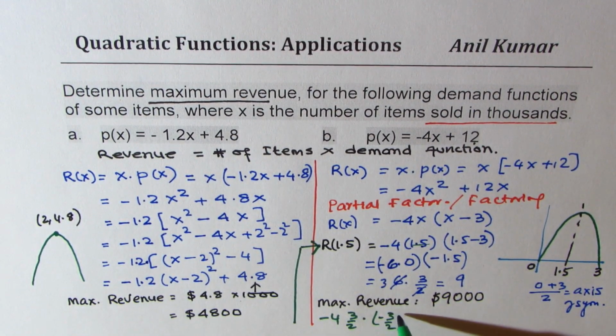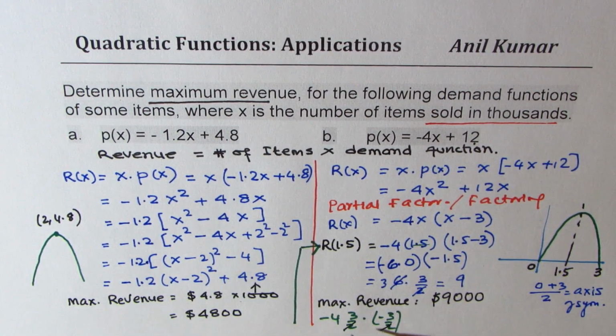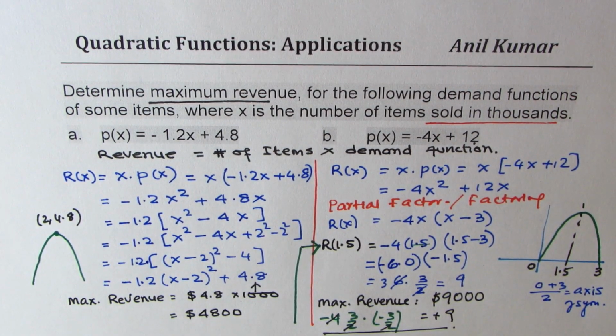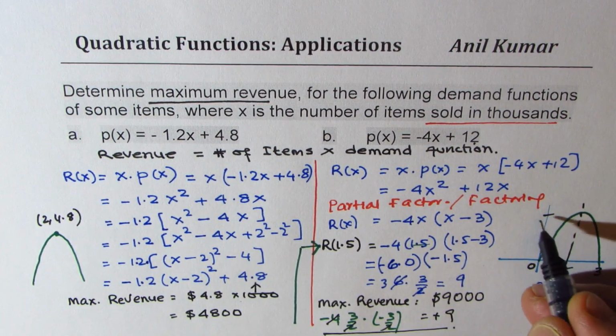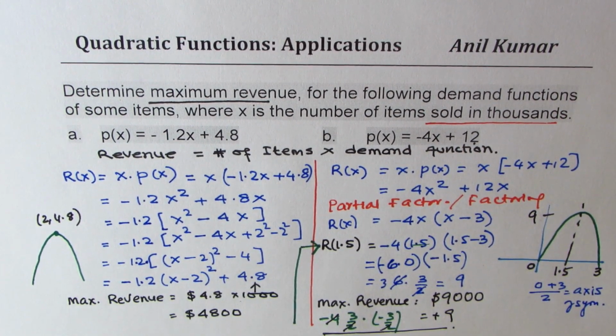If you have this, you know how easy it is. 2 and 2 cancel with 4 and you're left with plus 9. So at times it is simpler to use fractions than to work with decimal numbers. That's another takeaway from this case. In this graph, this value will be 9.